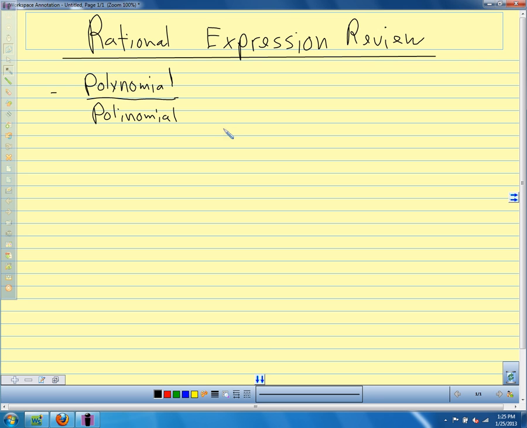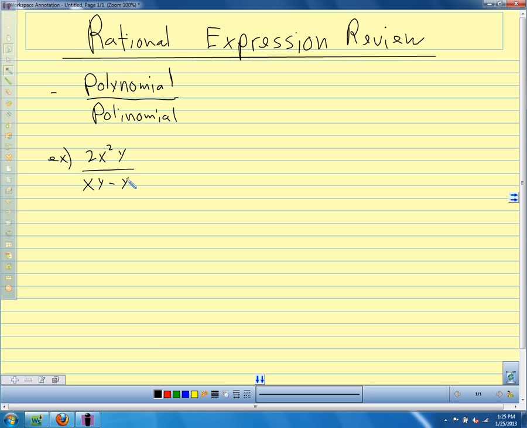So I just wanted to do a couple of examples of simplifying a rational expression, so that we can hopefully remember the process. An example of a rational expression would be something like 2x squared y divided by xy minus y.